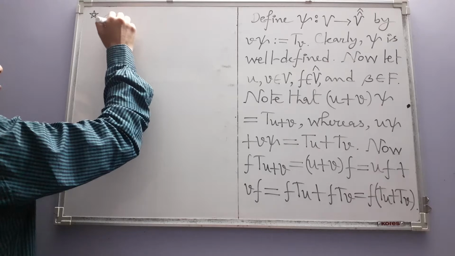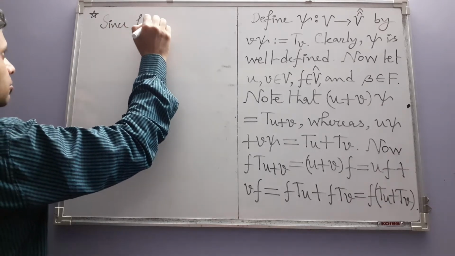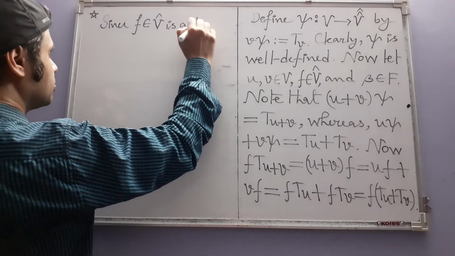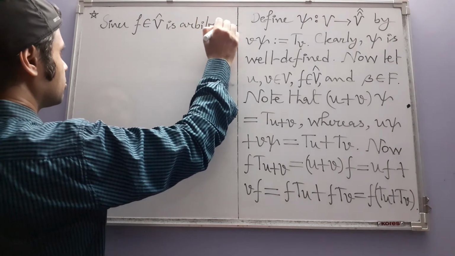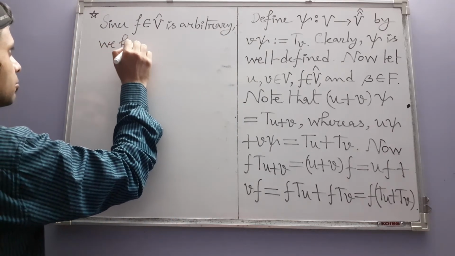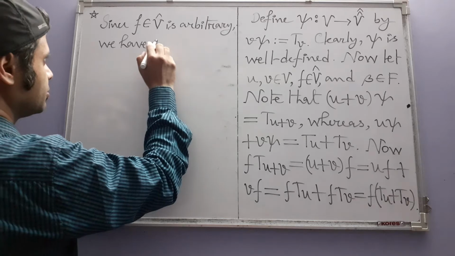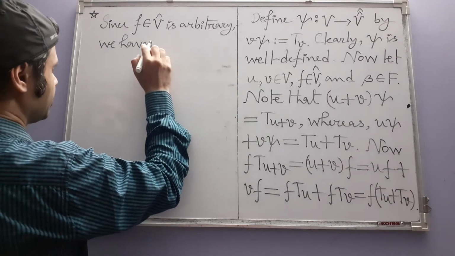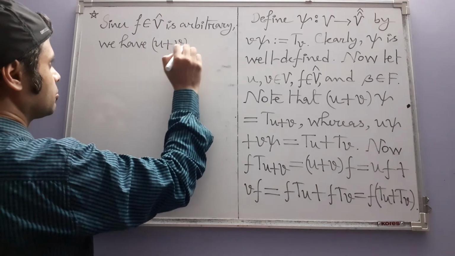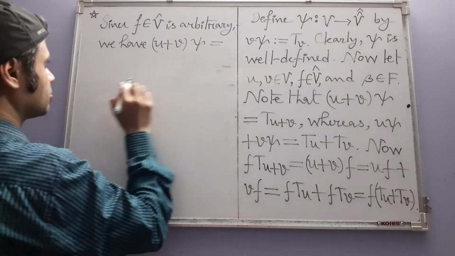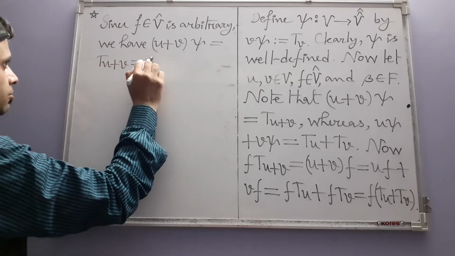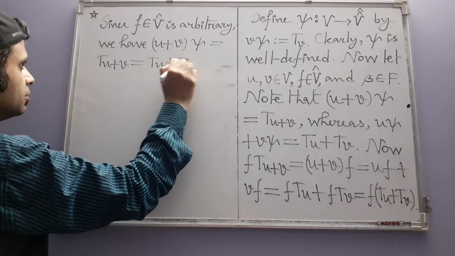Since f is arbitrary, we have Tu plus v equal to Tu plus Tv.